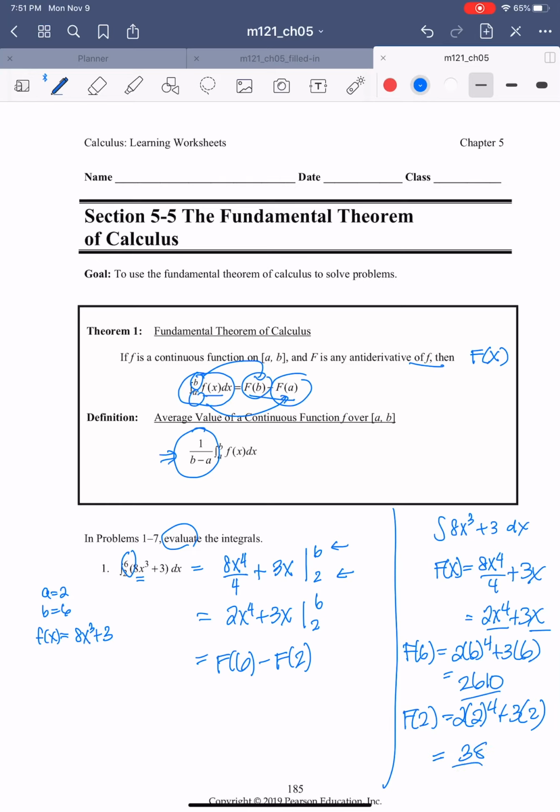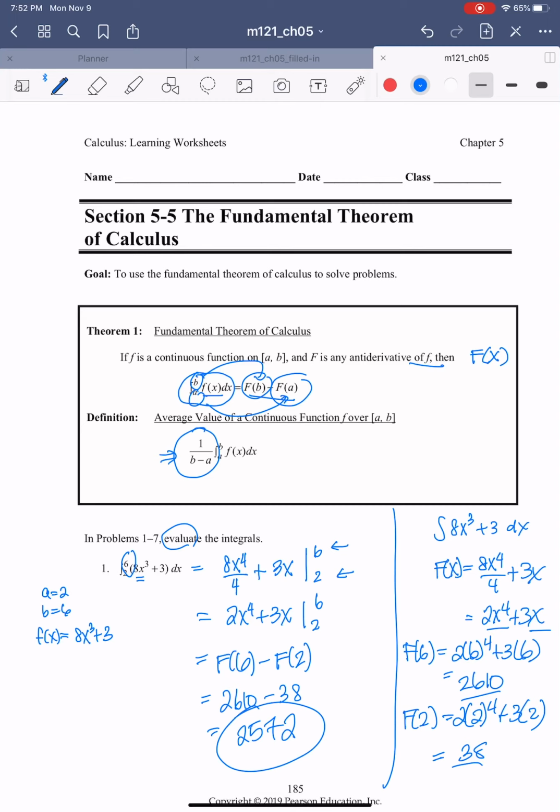What are we going to do with these two numbers? Subtract. And you will get the final answer, which will be 2572. So that's what the area is. We now are going to just use the theorem to get the area rather than drawing a bunch of rectangles.